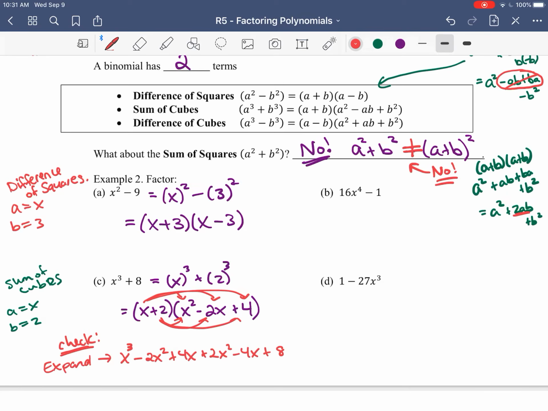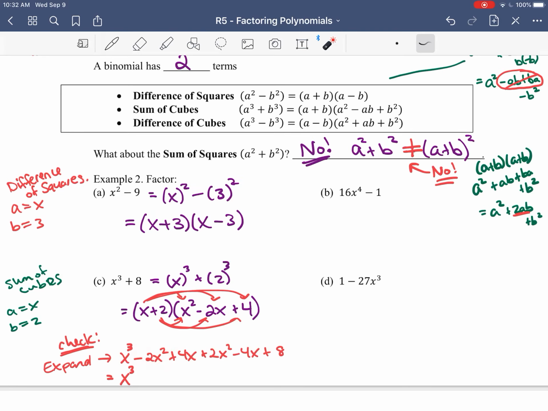Okay, now I want to simplify. So I'm looking for like terms. So the x cubed, there's no other x cubes. Okay, so x cubed stays. Now I'm looking for x squareds.